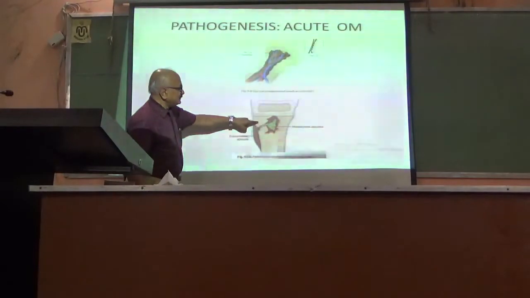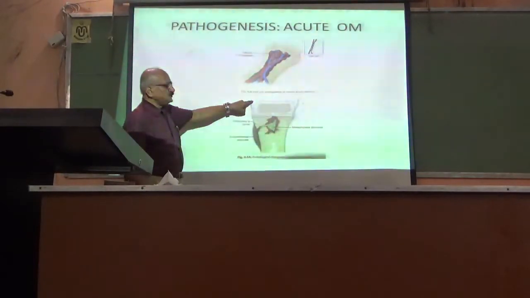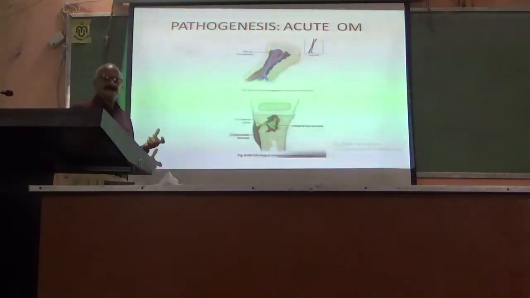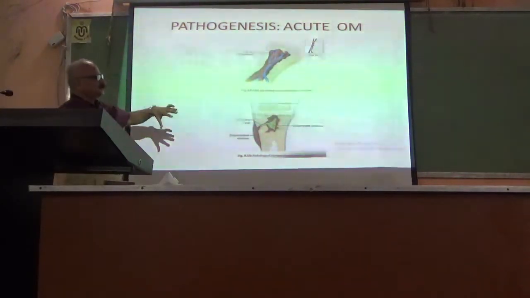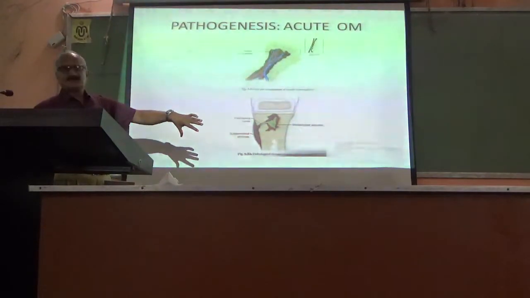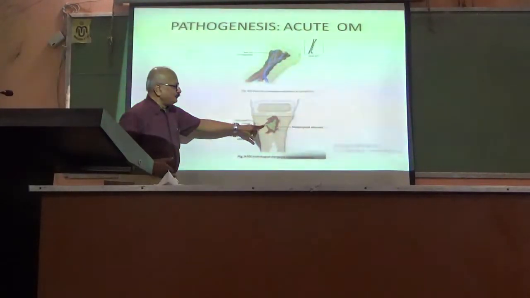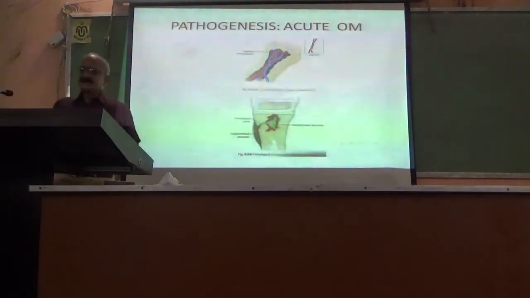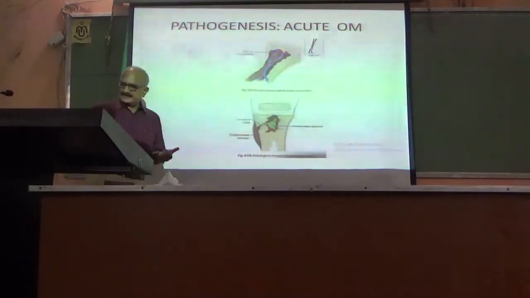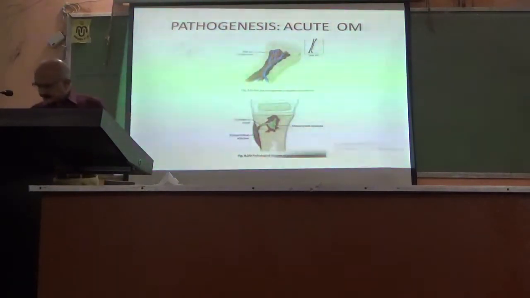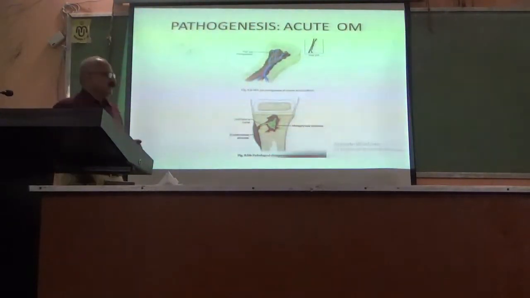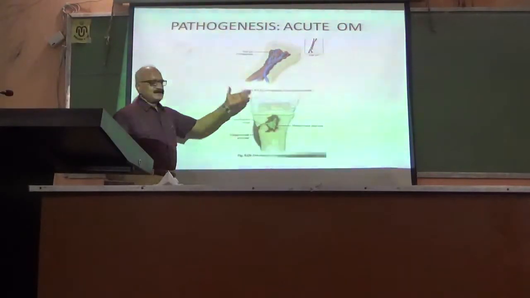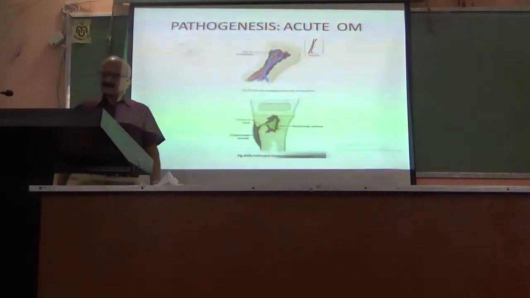And once pus finds its way into the joint capsule, what we call it is septic arthritis. Now it's no more acute osteomyelitis only. The moment this pus or infective process reaches the joint, it has become septic arthritis. So this, in a nutshell, is why an acute osteomyelitis can become chronic septic arthritis.